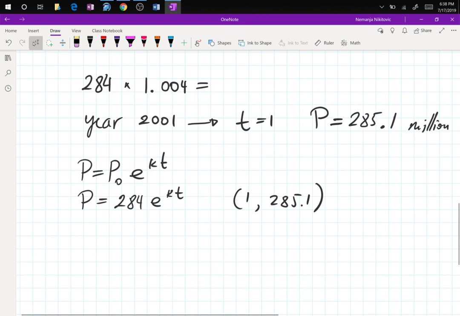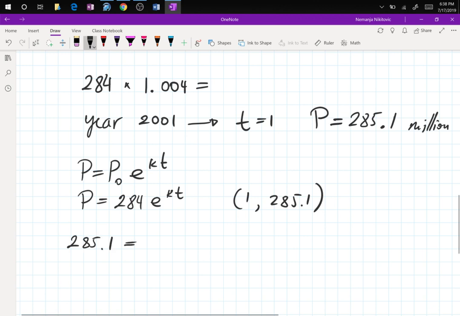Because the rate of growth is 0.4%. So going from 284 million to 285.1 million people in that country, we have a new data point that we can now calculate with.